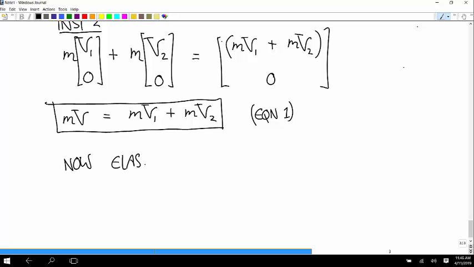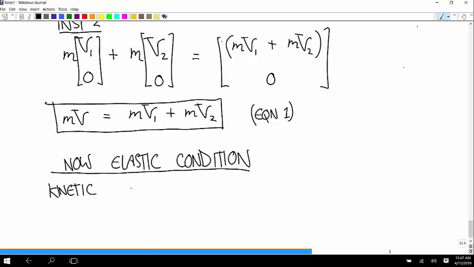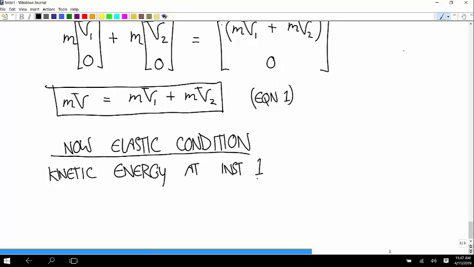So the elastic collision, the elastic condition, sorry. So the kinetic energy before the collision is 1/2 times the mass times the speed squared of the first ball plus 1/2 times the mass times the speed squared of the second ball before the collision.